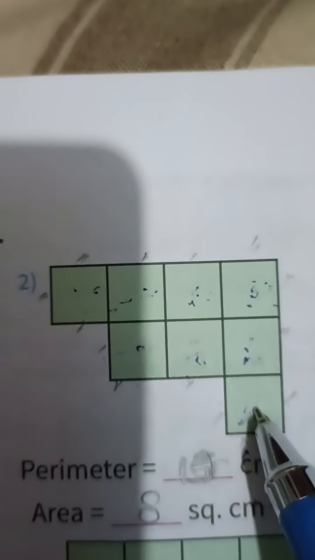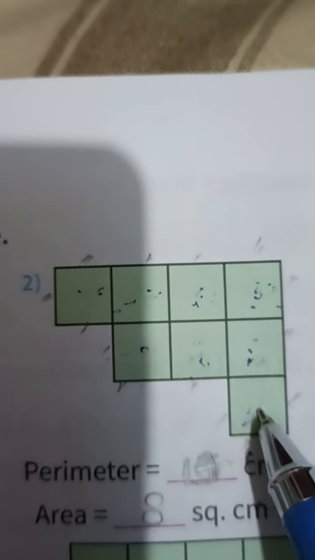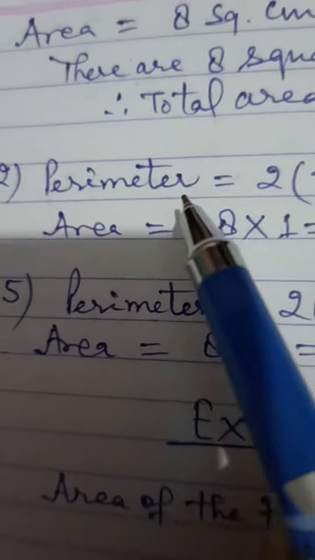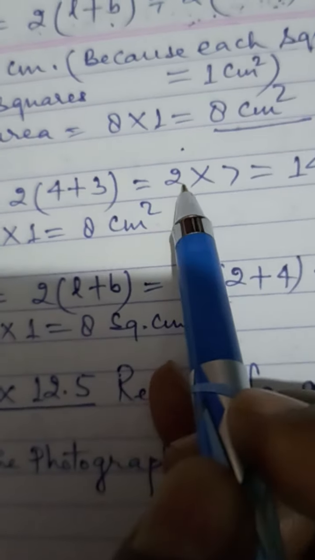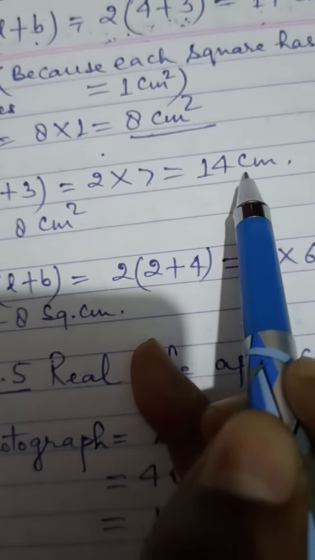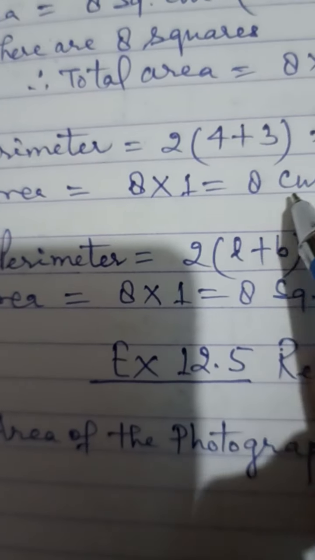So area is 8. And for perimeter, you see 1, 2, 3, 4. Length is 4 and breadth is 1, 2, 3. So breadth is 3. Similarly, you find out the perimeter. Perimeter is equal to 2 into (L plus B), 2 into (4 plus 3), 2 into 7, that is 14. Area is equal to 8. Clear?